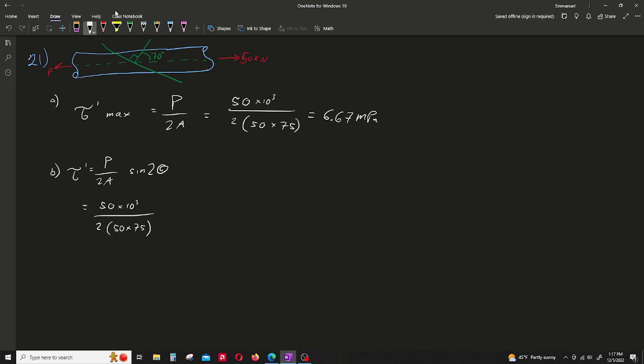And then sine of 140, which gives us 4.29 megapascals. So therefore that stress there is going to equal P over A cosine squared theta, which gives us 50, and then A being again, or this is time, sorry.